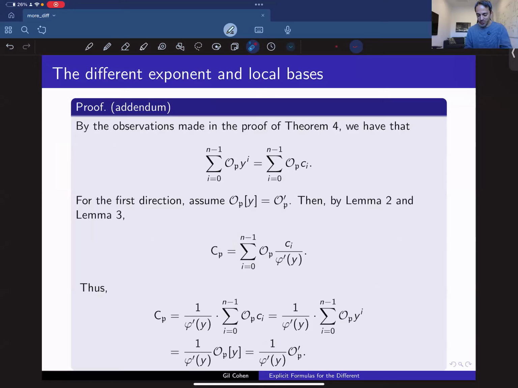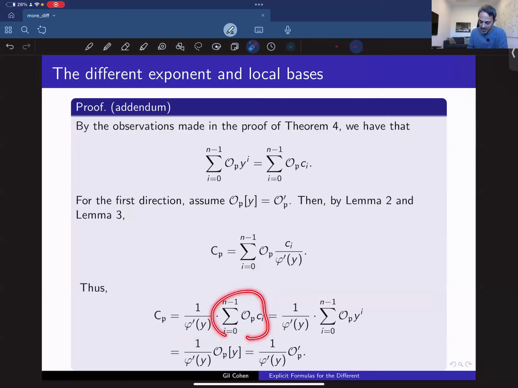You can write it as a linear combination of the local integral basis, which is lemma 3, times scalars from OP. So every element in CP is equal to this thing.